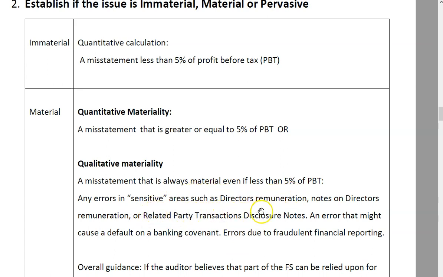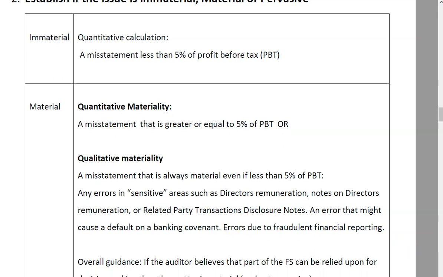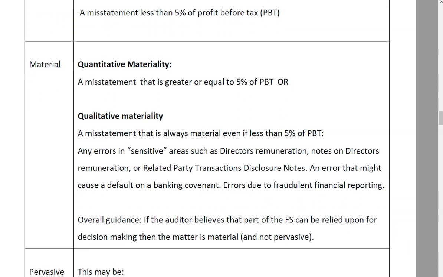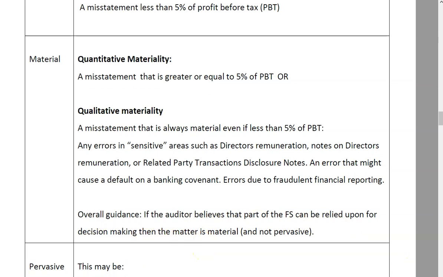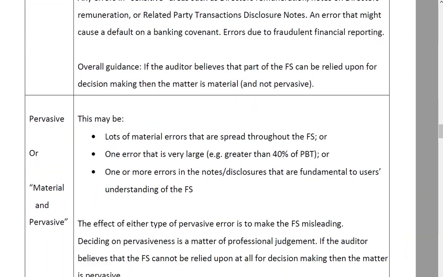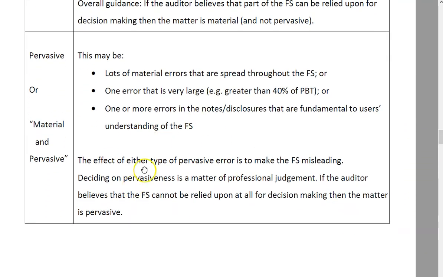Sensitive areas such as directors' remuneration, related party transactions, disclosure notes. And I suppose the overall guidance is, as it says here, if part of the financial statements can be relied upon for decision making, then the matter is material and not pervasive. And here is pervasive.